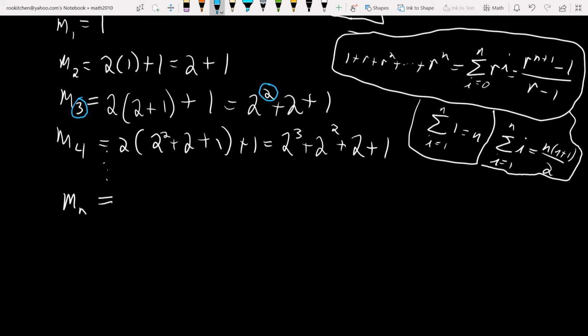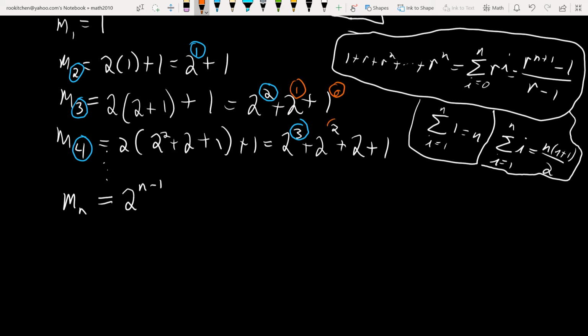If it's m sub 2, the first exponent on the 2 is 1. If it's m sub 4, the first exponent on the 2 is 3. So if it's m sub n, the first exponent on the 2 must be 1 less than n. And then the exponents go down by 1 every time, right? So this is 1, and then this one is exponent 0.